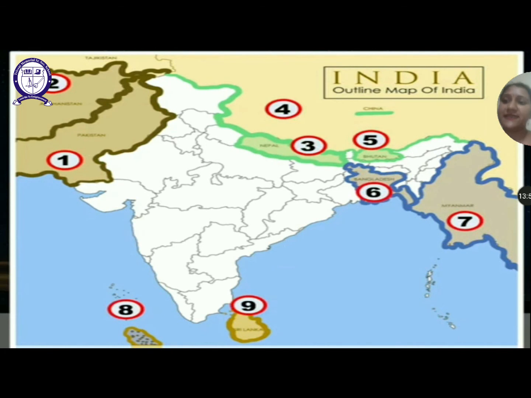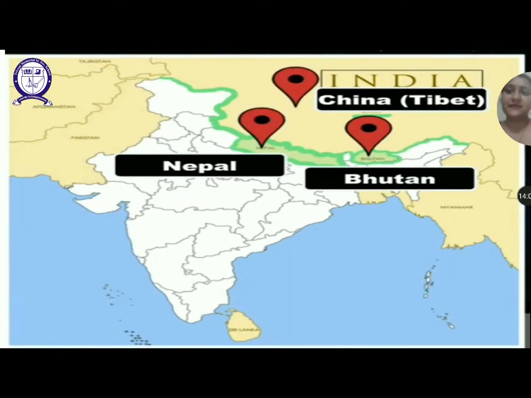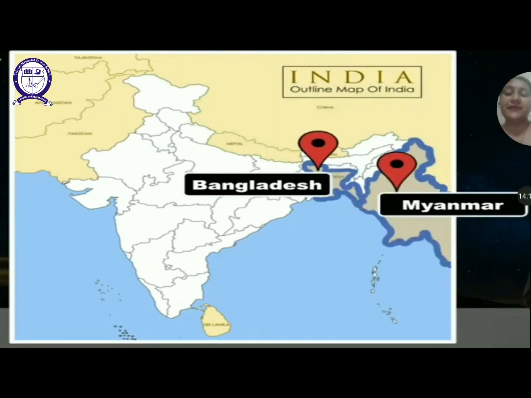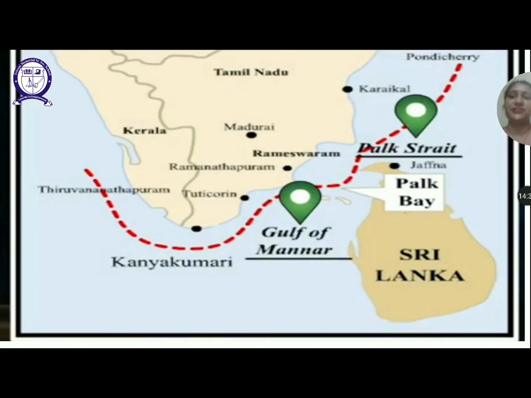First are Afghanistan and Pakistan, which lie in the north and west of our country, and in the northeast India shares its boundary with Nepal, China, and Bhutan, and India shares its east boundary with Bangladesh and Myanmar, and it shares neighboring islands, that is Maldives and Sri Lanka.